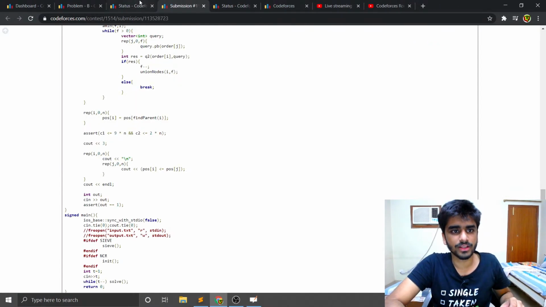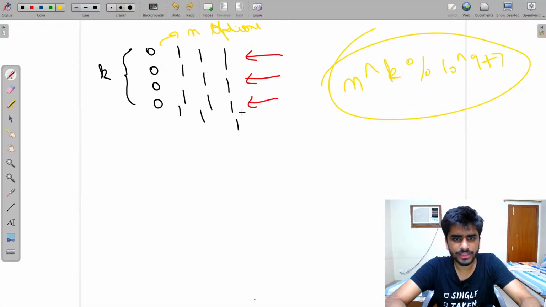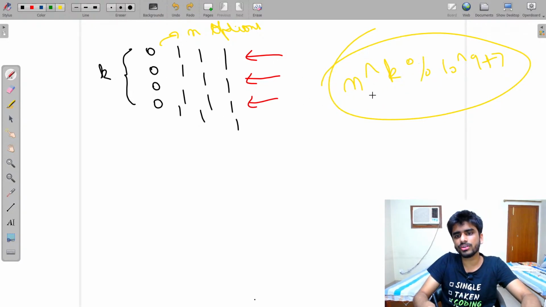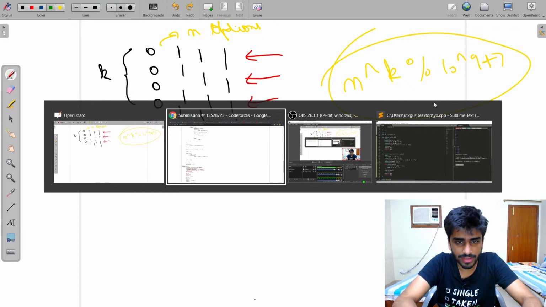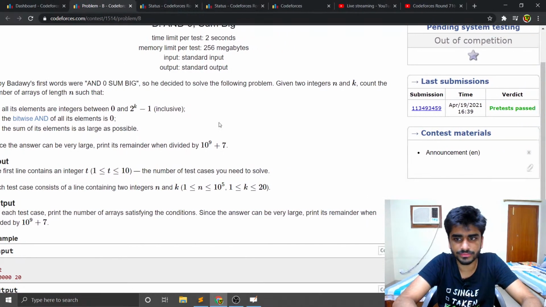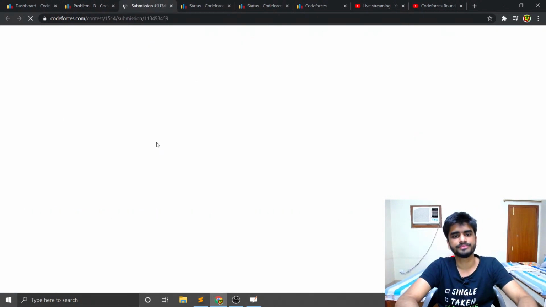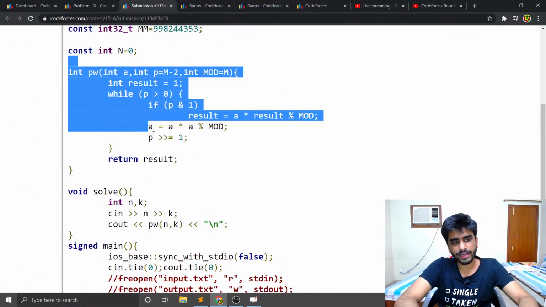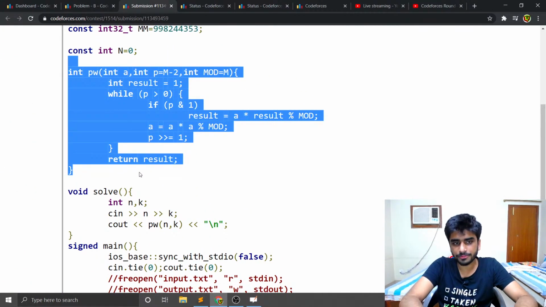So anyway, that's the solution. We just want n to power k, and you need to know how to calculate this in the modular field. For this, let me show you my code. This function is called binary exponentiation.